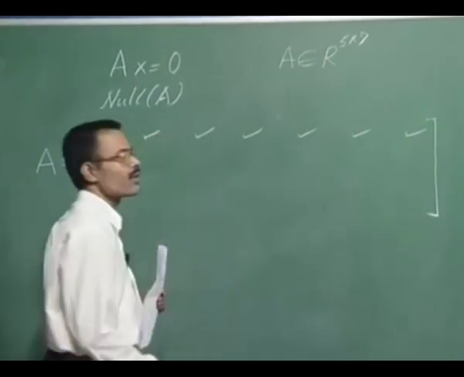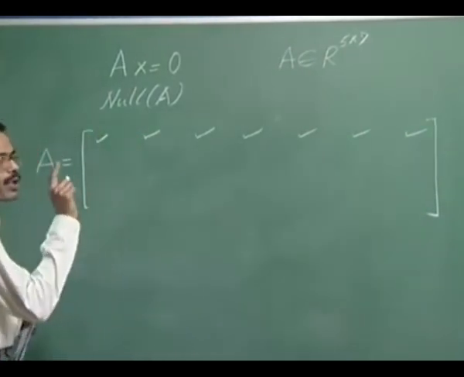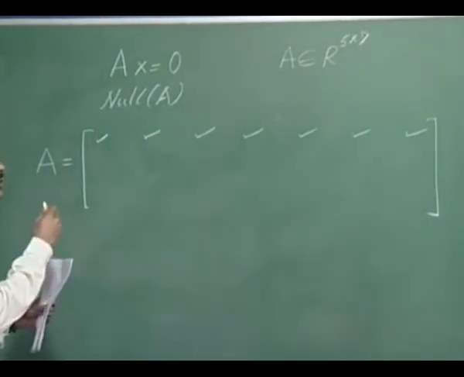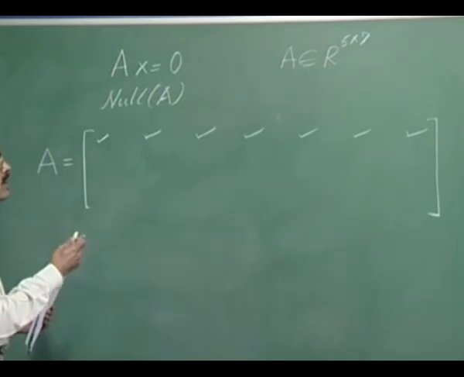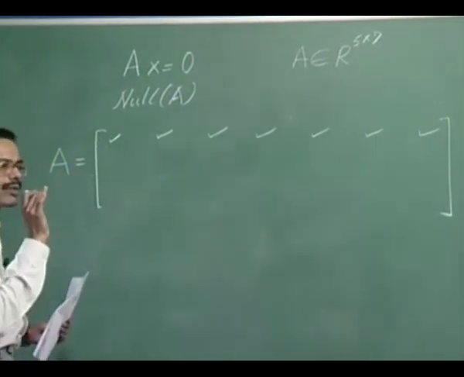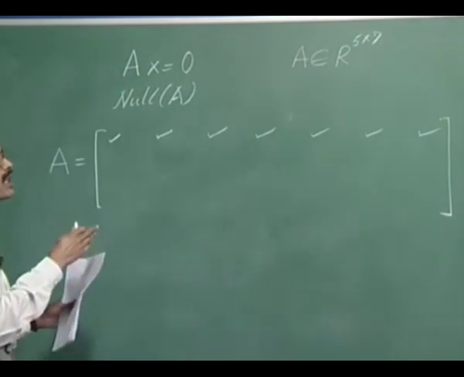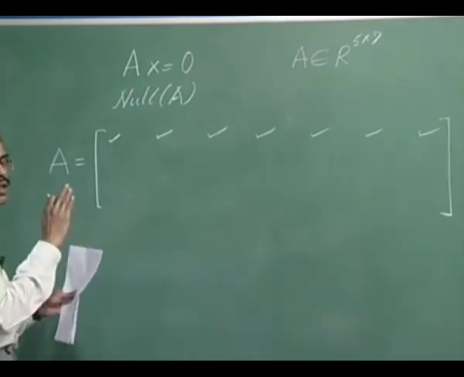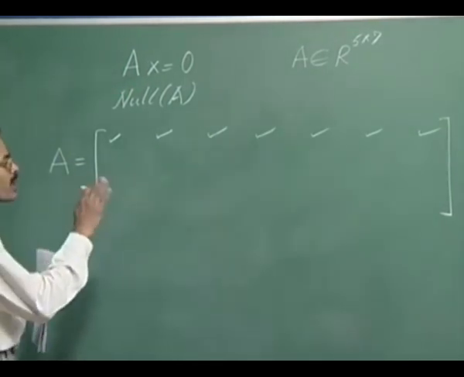And whichever values will remain the same, I will show as dots. Whenever we need to use a particular entry, we will give it a name. Otherwise, if that entry becomes 1 or 0, we will write that 1 or 0.